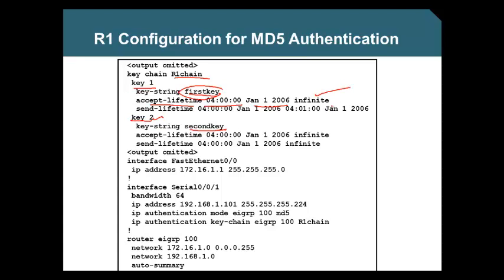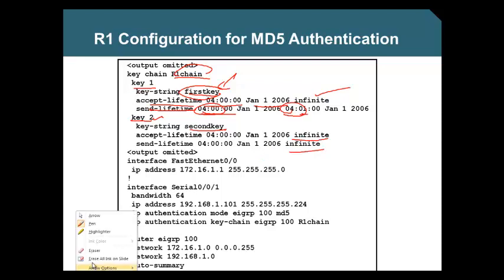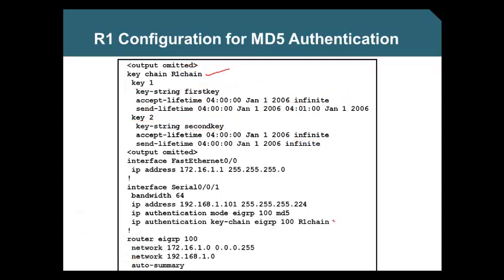It is ready to accept, but it is ready to send only till 4:01, just for 1 minute. This will be sent as the password for the first key, whereas the second key is forever, infinite. And then we call this keychain, R1 chain, under the interface, and we enable MD5 authentication under the interface. That's all. You don't need to configure anything related to authentication under router EIGRP.